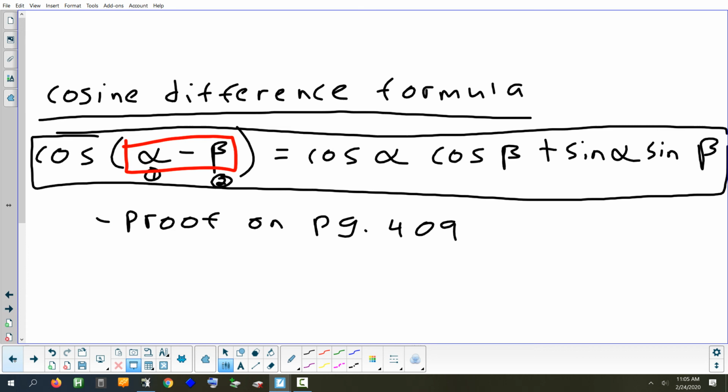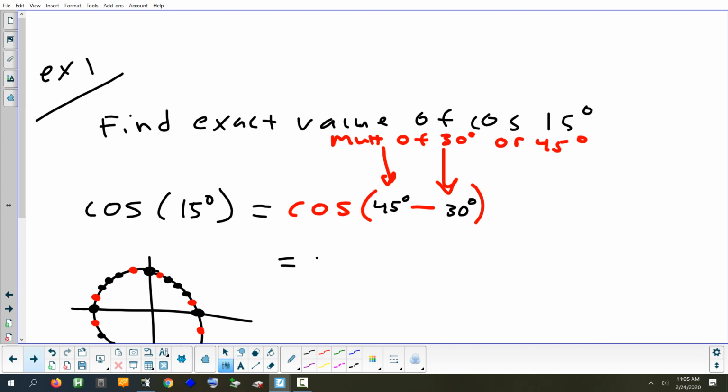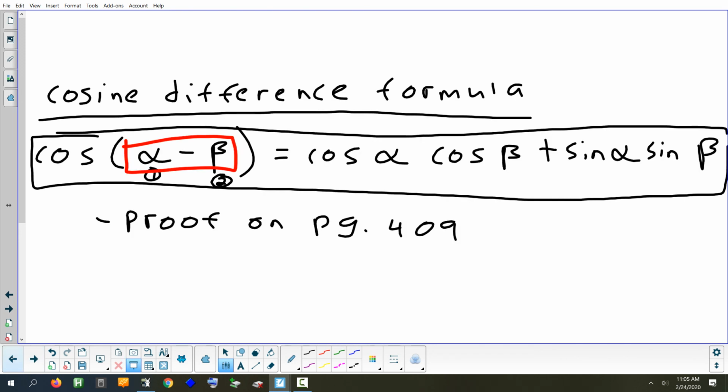So let's go through. Cosine of the first number times cosine of the second number. Plus. One thing you'll notice with the cosine formulas is whatever symbol you have here, it's the opposite there.